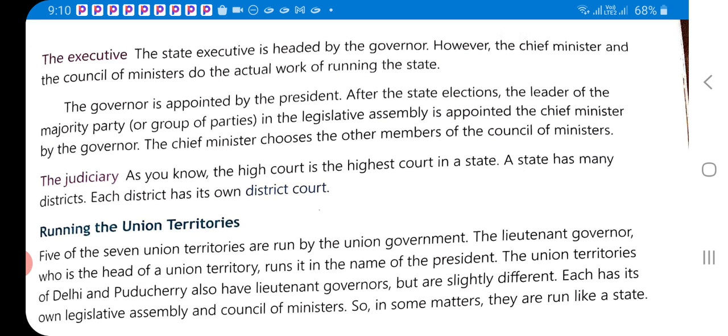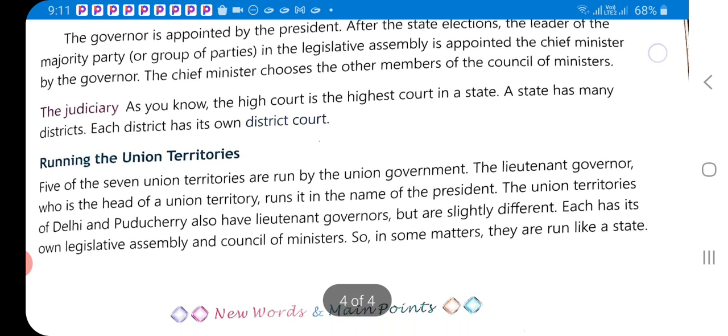Same way, in state governments, after the elections, the governor appoints the chief minister, and to whom does he appoint the chief minister? The party which has won the majority. The leader of that party is appointed the chief minister by the governor, and then the chief minister chooses the other members of the council of ministers.